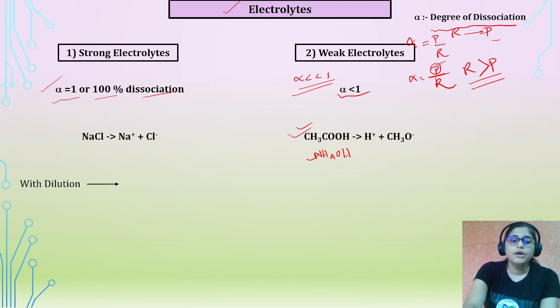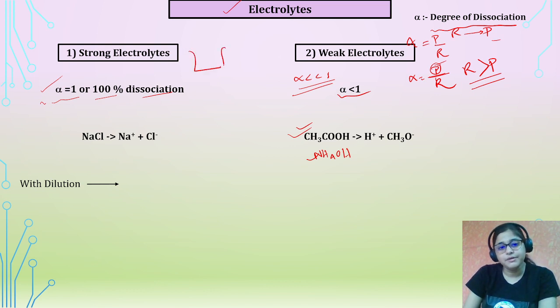Fine. So with dilution, what happens to the alpha value? We will see. Here, dilution means, let's say we have taken some V liters, and 10 molecules of NaCl are present.